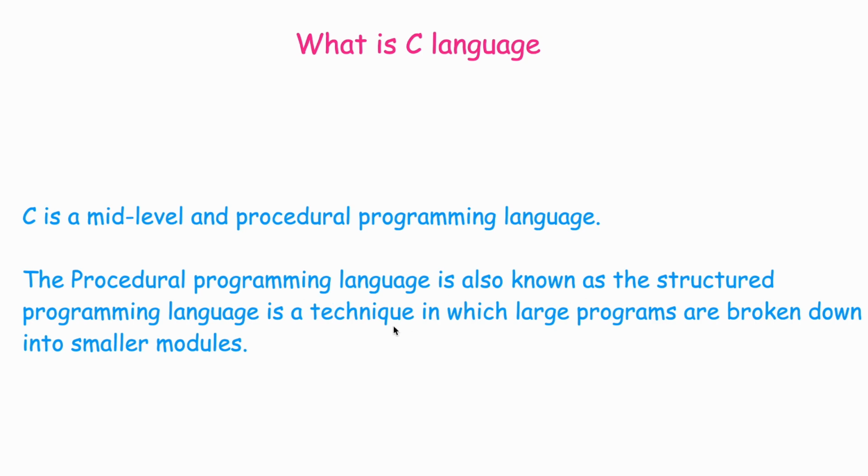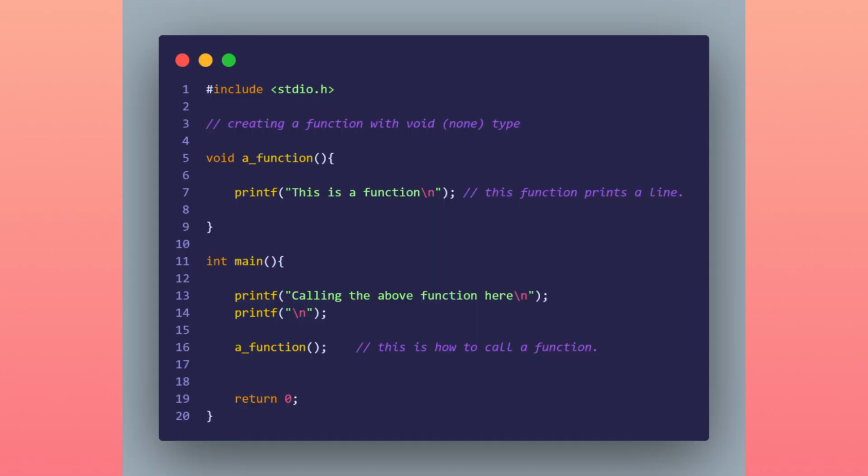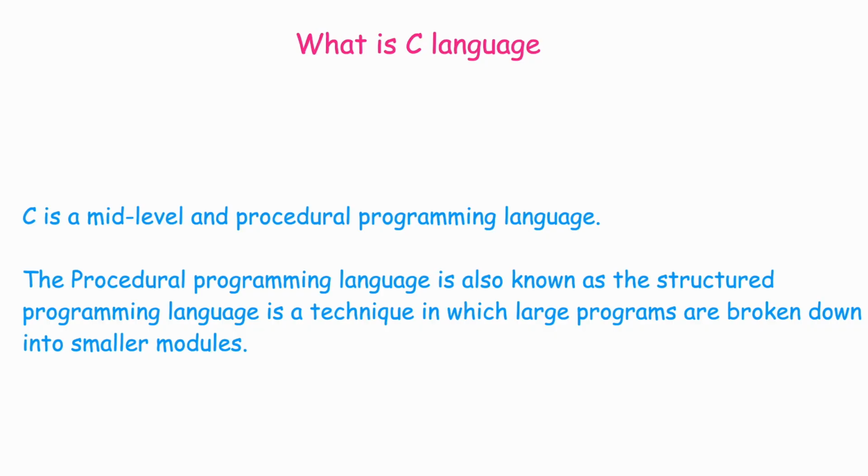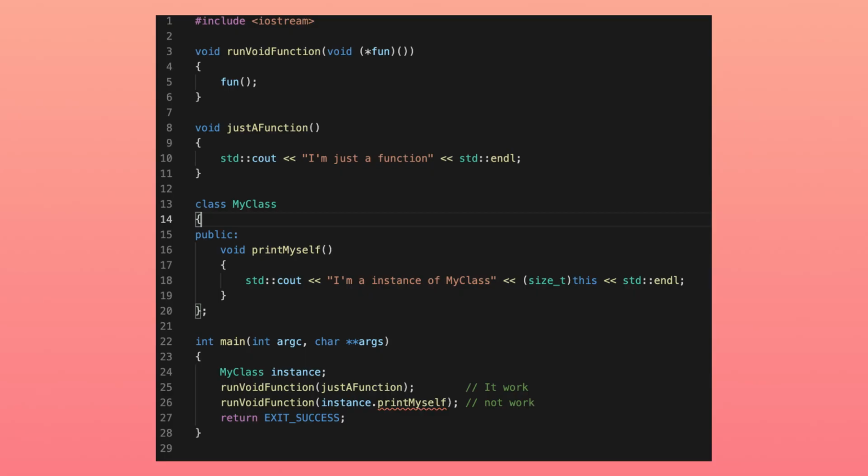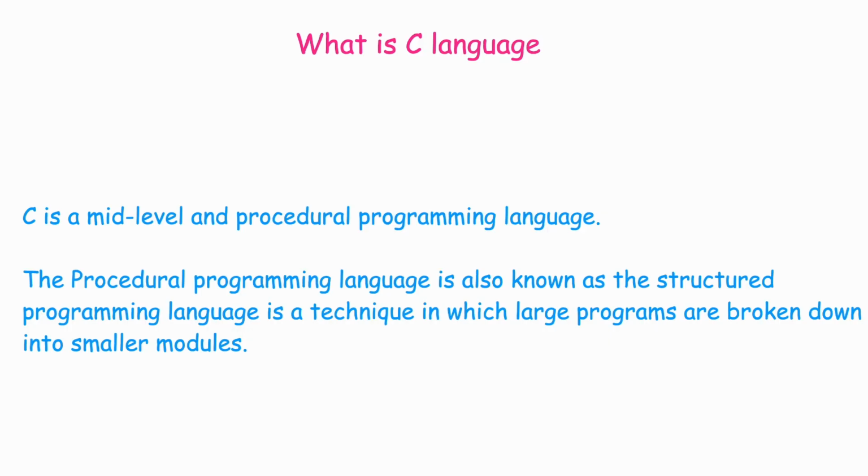Basically, a large program is divided into smaller problems, right? Say for example, I have to write code of 1000 lines. What we basically do is divide it into smaller parts, and those smaller parts we call functions. I hope you understood what procedural programming language means, right?